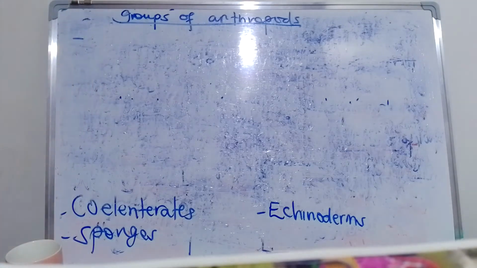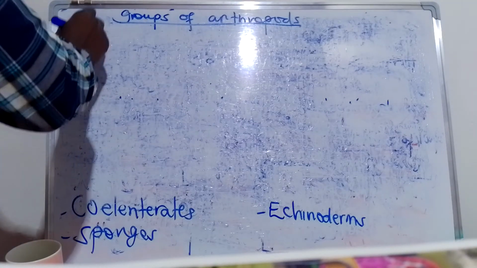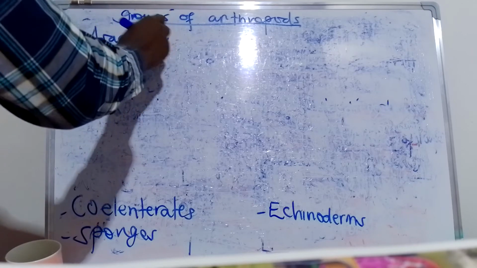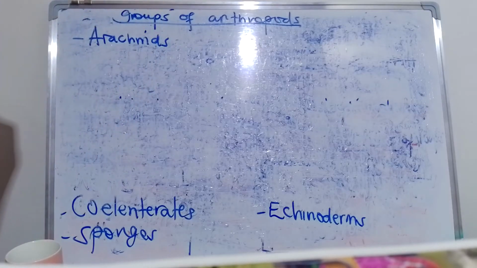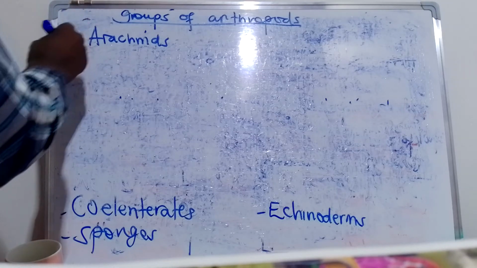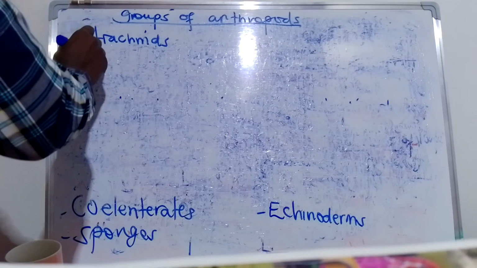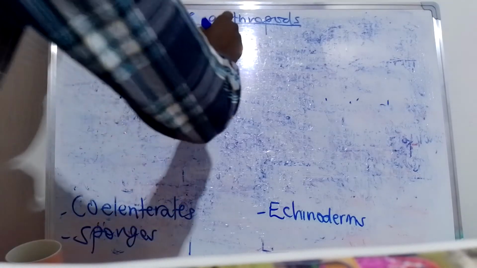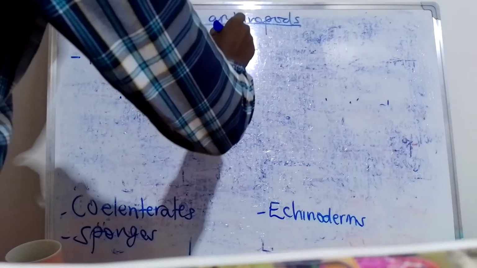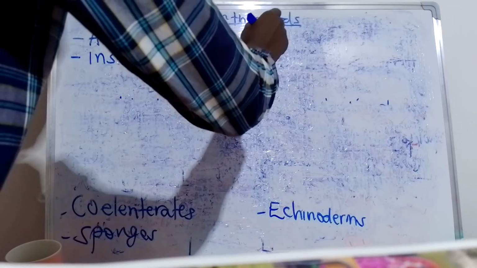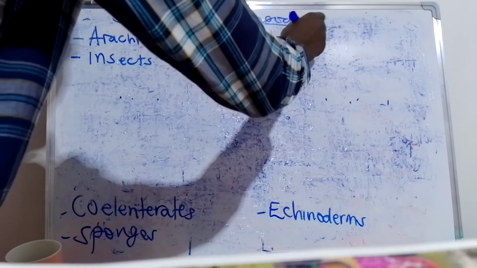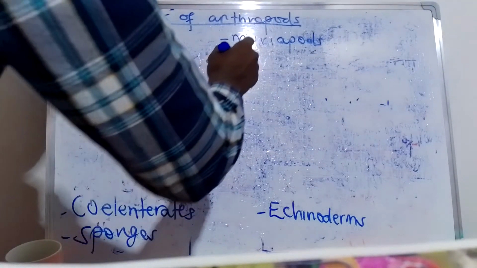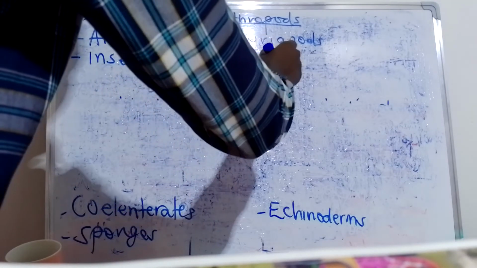These include arachnids, insects, myriapods, and crustaceans.